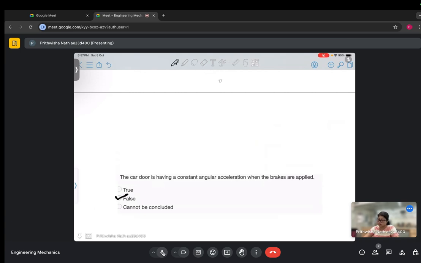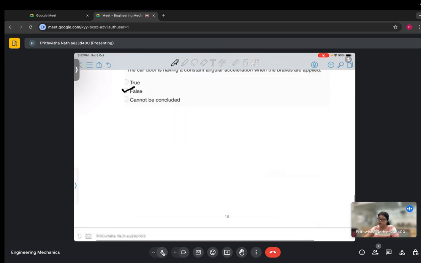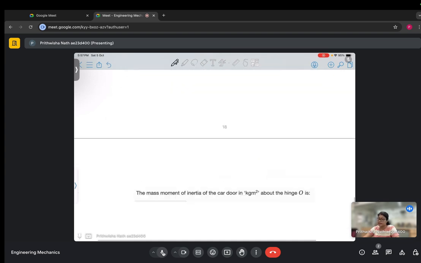Now moving on to the next part of the problem. The mass moment of inertia of the car door in kg meter square about the hinge O is. So we are asked to find I_O. So mass of the door is known and k_O is also given in the problem. So we can easily find out the mass moment of inertia of the door, right? So I_O is nothing but m_O k_O square, right?